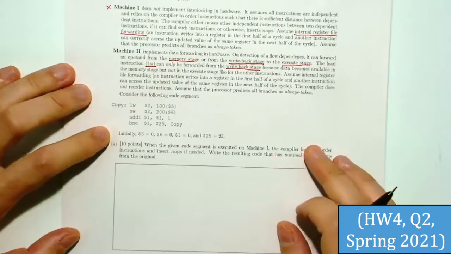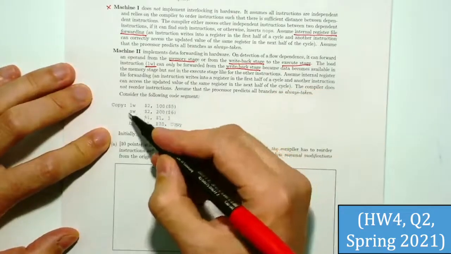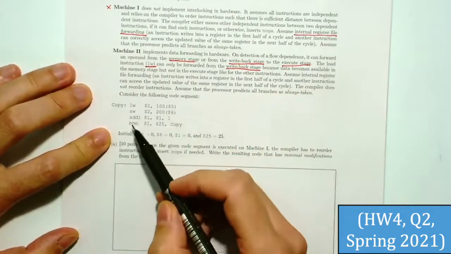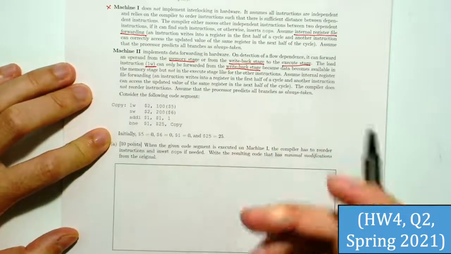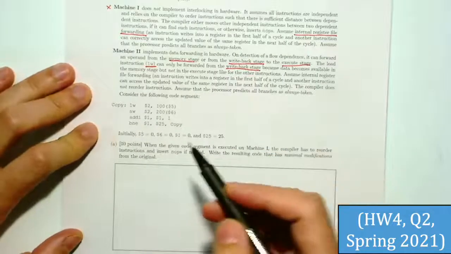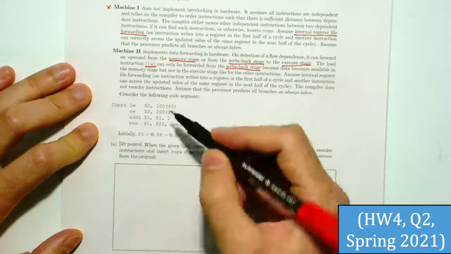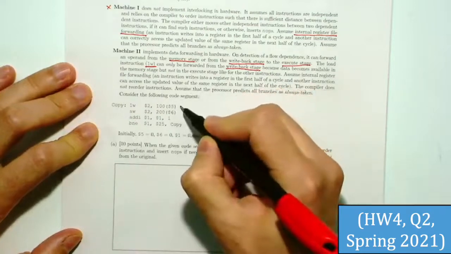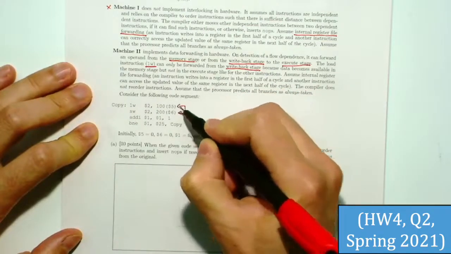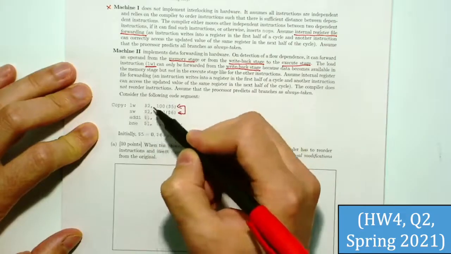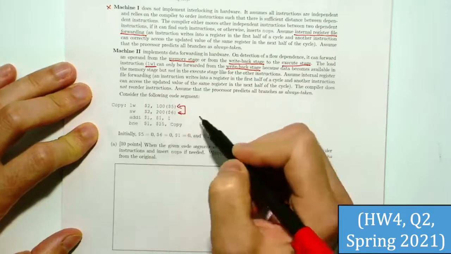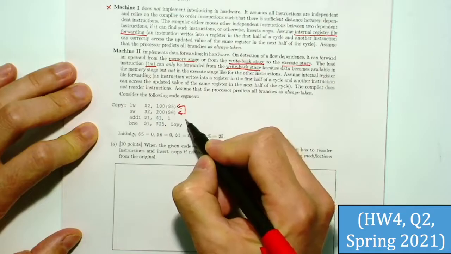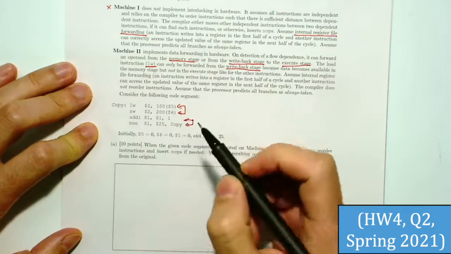You have this piece of code, load and store and add immediate and a branch. And these are the initial values. So basically, we have dependencies here. These 2 instructions are dependent. We load in register 2 and we store register 2 into memory. And these 2 instructions are also dependent.